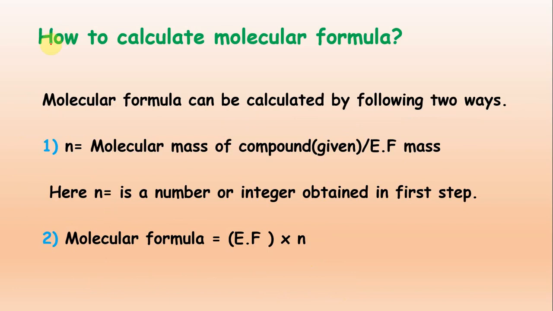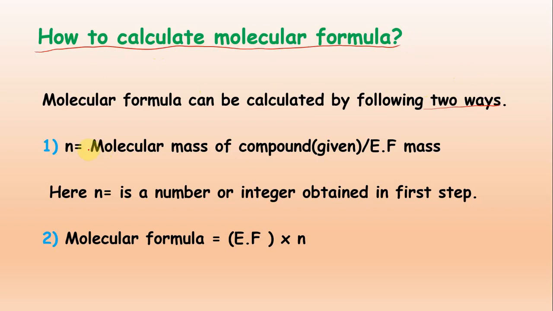Now we will discuss the next topic, that is how to calculate molecular formula. Molecular formula can be calculated by two main steps. Number one is that n means any number.